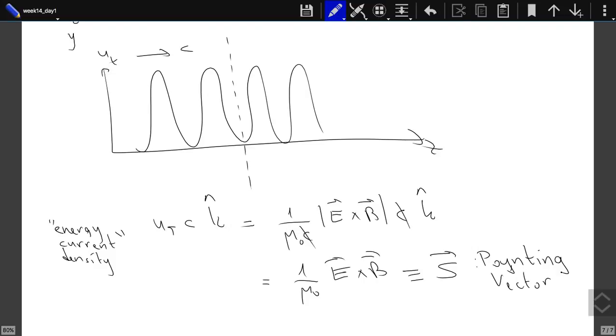It's just a name. It measures the flow of energy. You are not pointing at something. It's the name of the scientist, Poynting.